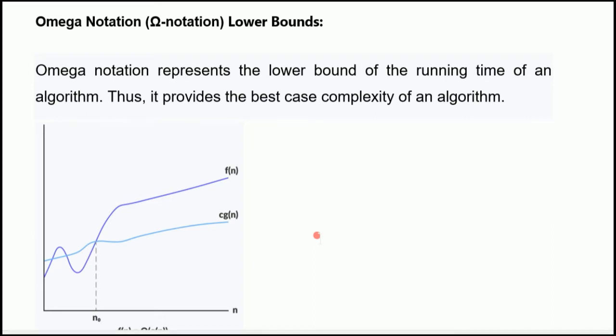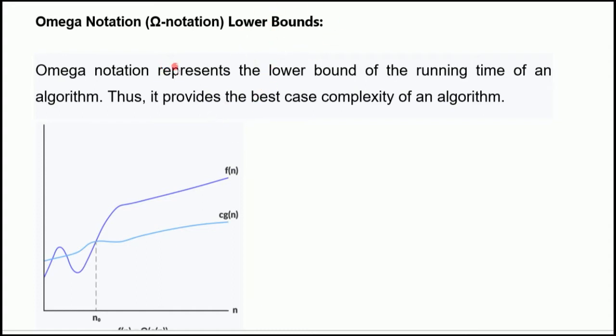In the last class we have seen big O notation problems, and big O notation is for the worst case complexity of an algorithm. Now we will continue with another notation called omega notation.